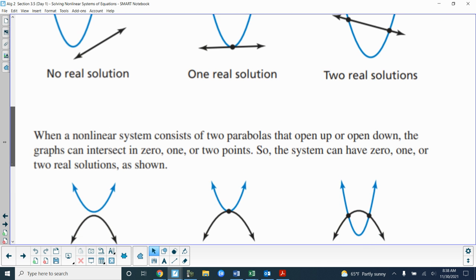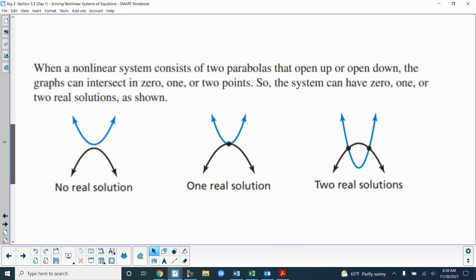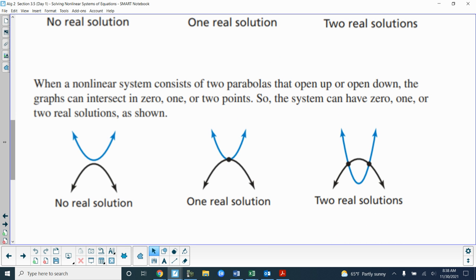It says when a nonlinear, here's when we have 2 parabolas. When a nonlinear system consists of 2 parabolas that open up or open down, again, how do we know if they open up? I forgot. It's a positive A value, right? When it opens down, it's a negative A value, okay?